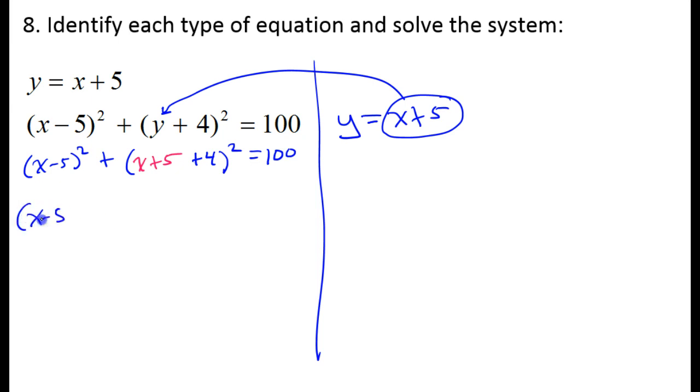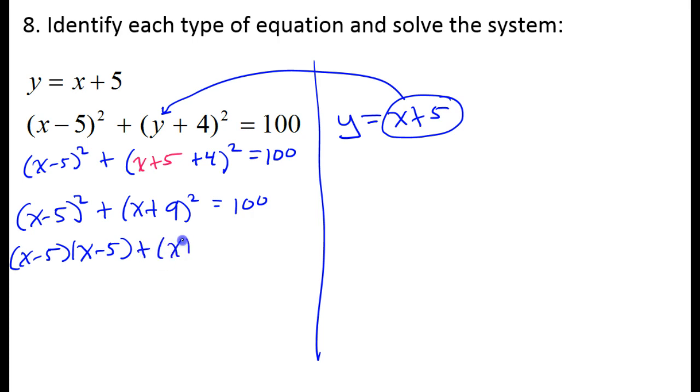So I have x minus 5 squared plus x plus 9 squared is equal to 100. Well, this is x minus 5 times x minus 5 plus x plus 9 times x plus 9 is equal to 100.